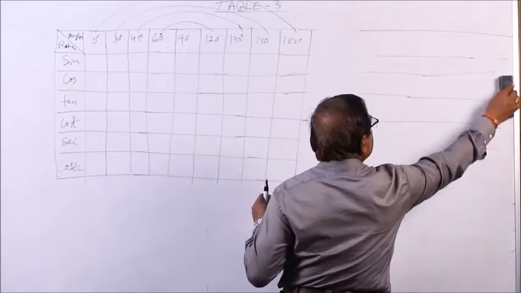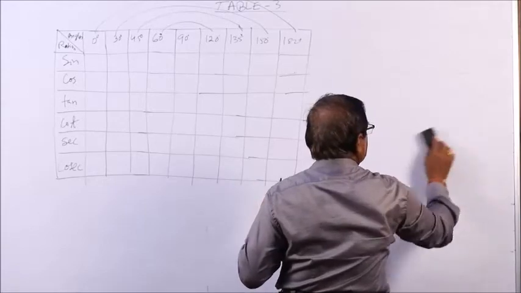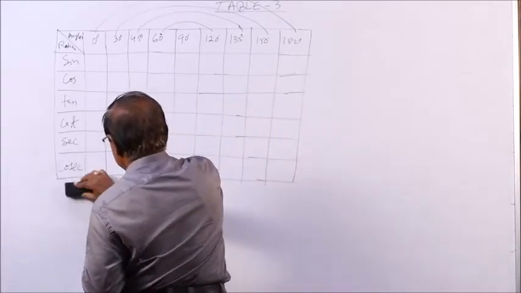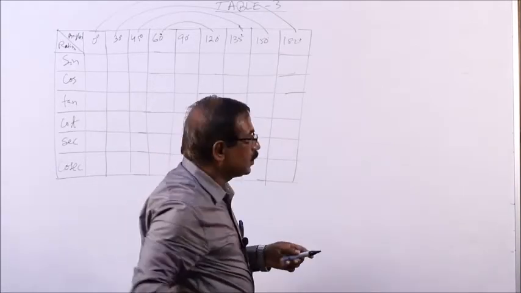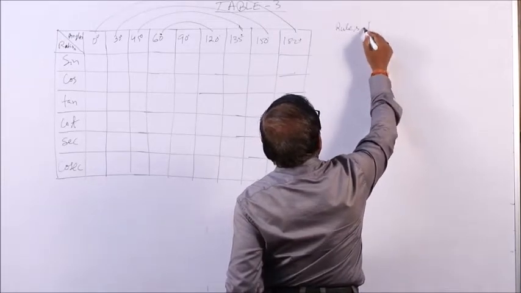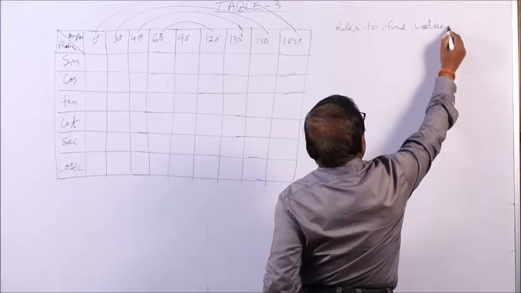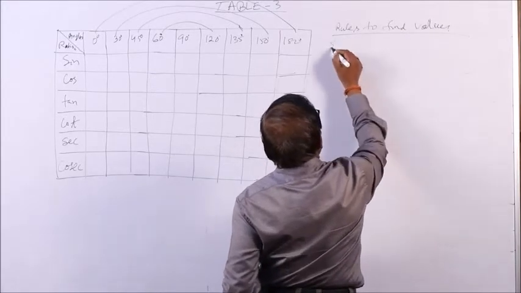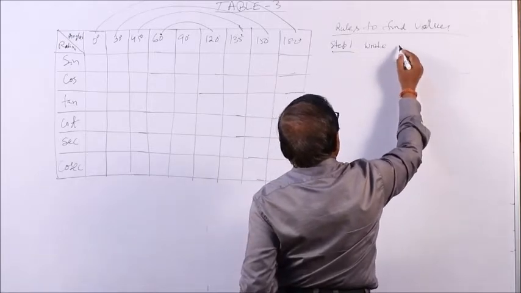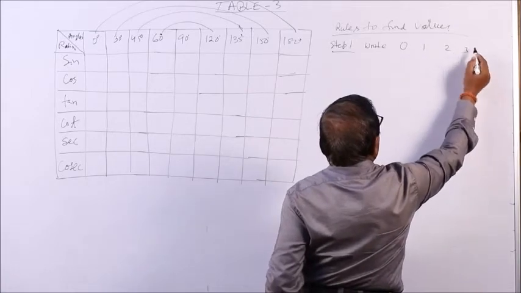These preliminary values, you do not have to grab these things by rote, just simply follow some rules to find the values. Step 1, write 0, 1, 2, 3 and 4.